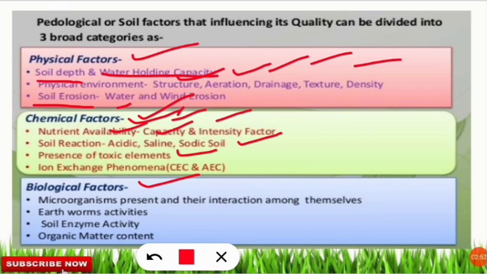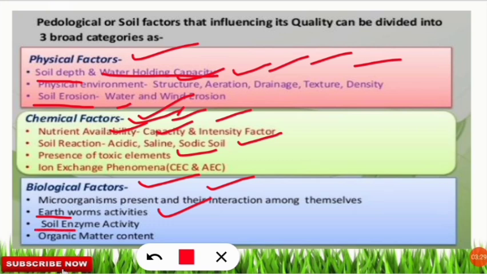Next are the biological factors. What kind of microorganisms are present, because they are very important organisms playing a role in the formation of soil as well as giving texture and quality to the soil. Next is earthworm activity. Earthworms are the earth makers, that means they prepare the soil texture and quality.